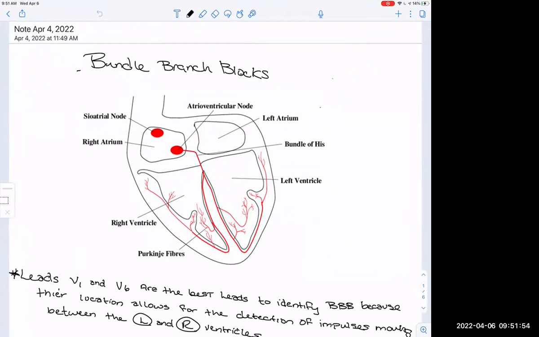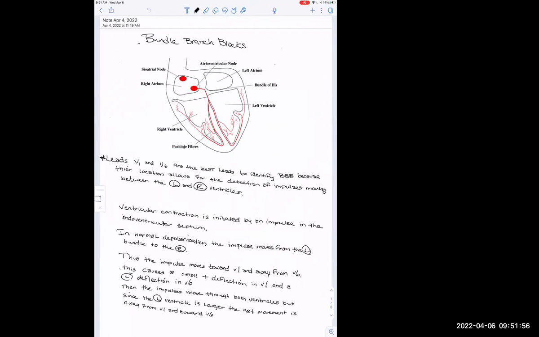Okay, so that's the way I would like you to think about the normal cardiac conduction system of the heart. From the SA node, where you move down the interatrial pathways to the AV node, this is an interstate.